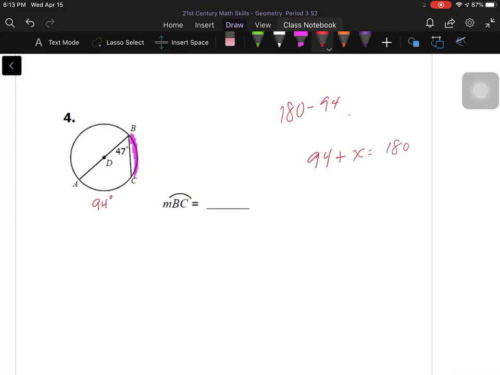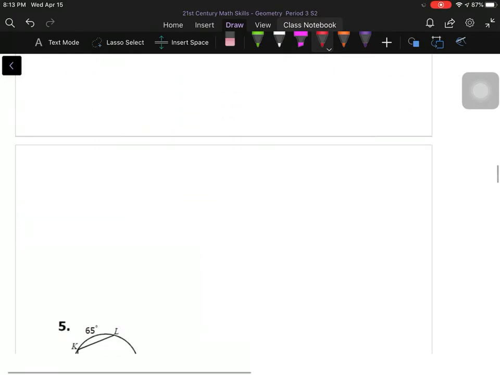Then we subtract 94 from both sides, and that's going to give us 86. So again, a lot of the questions that you'll do involve looking at the problem and doing a half circle or a full circle and trying to figure out the rest of it.